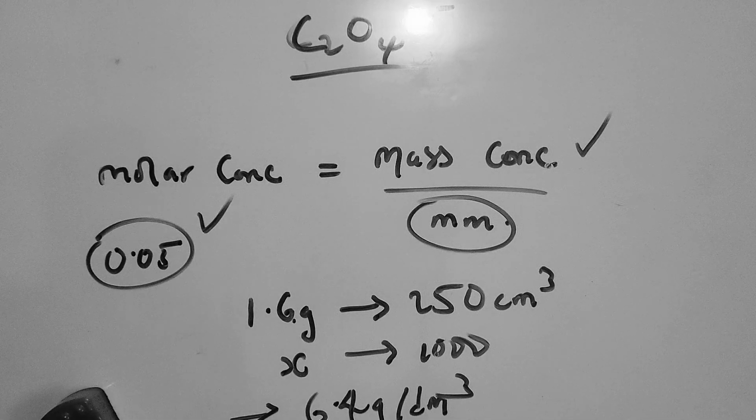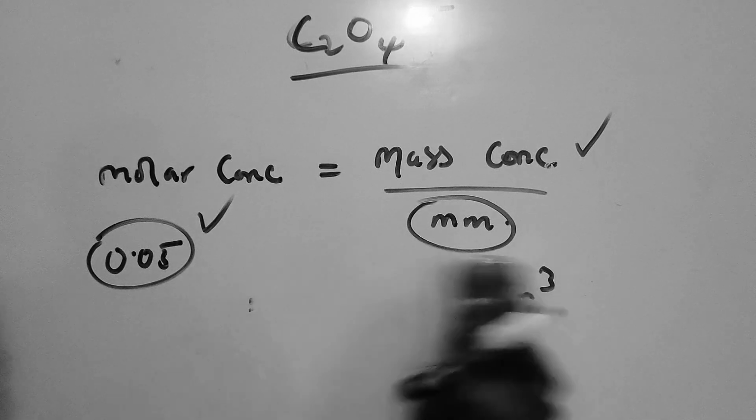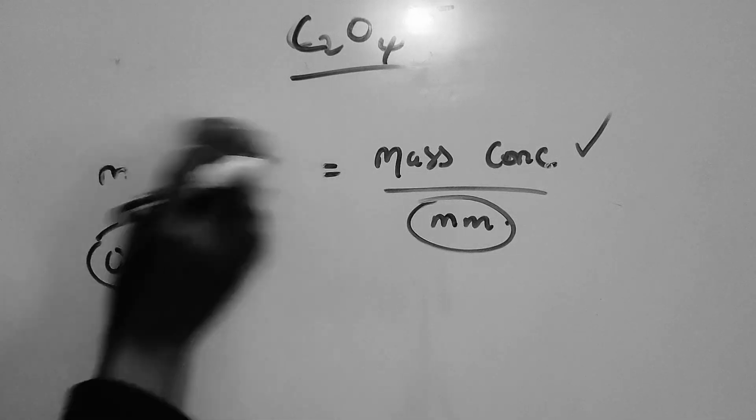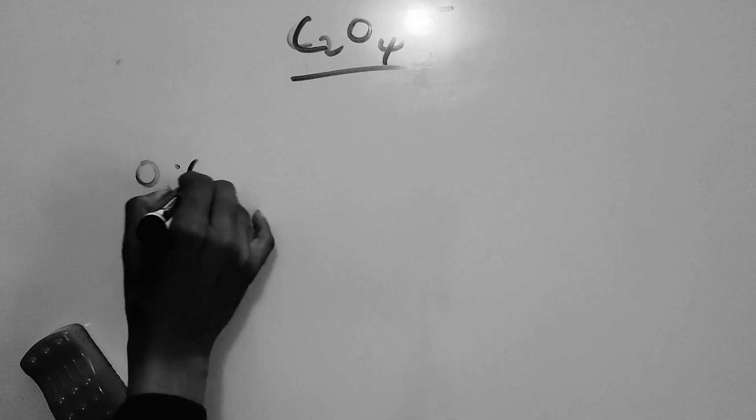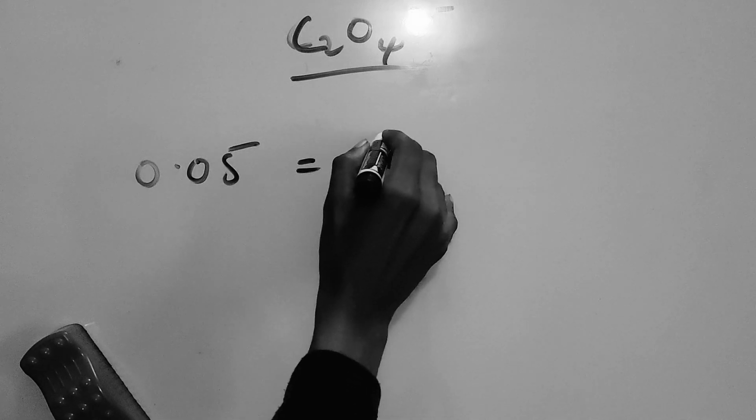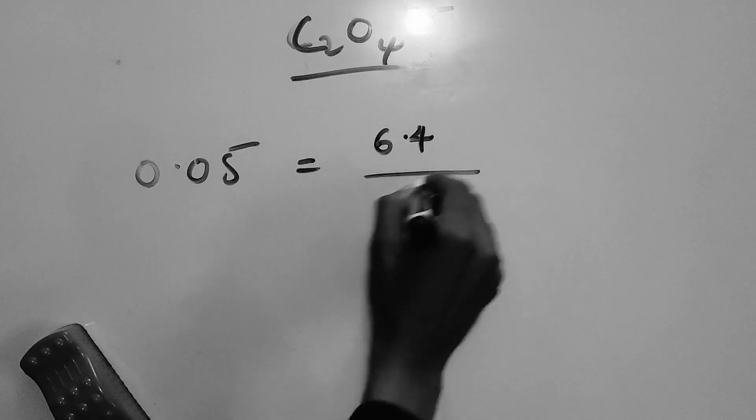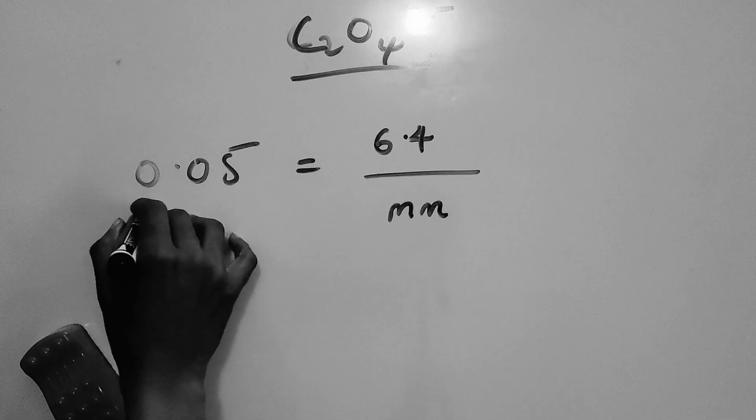While we know the molar concentration, we can now get the molar mass. Now, how do you do that? This is 6.4 and this is 0.05. So let me write this again. So that means I'm going to have 0.05 equals to 6.4 divided by molar mass, this over 1.